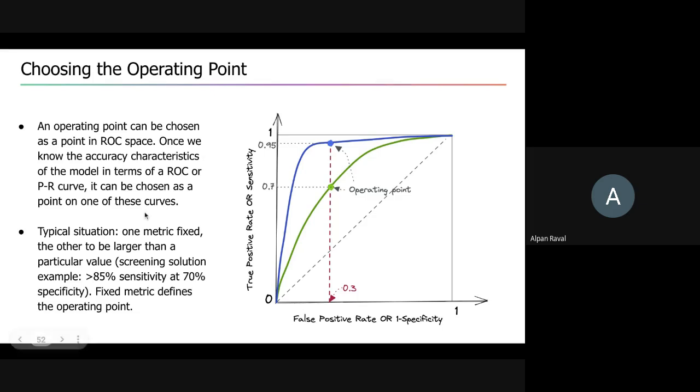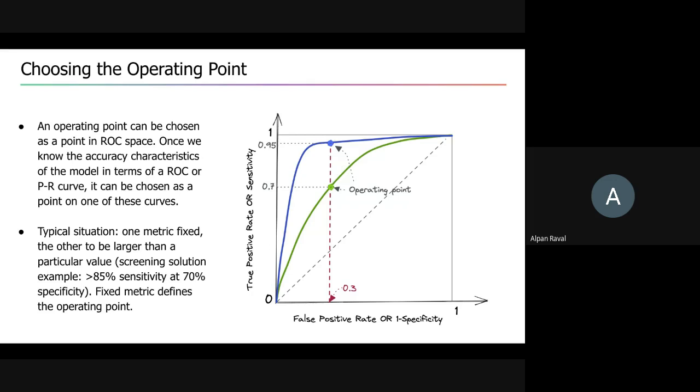The way one usually talks about operating points in these situations is you keep one metric fixed, let's say specificity, and require the other metric to be larger than a particular value. For example, in a typical screening situation, you might say that specificity is fixed at 70%, and I want the model to achieve a sensitivity greater than 85%.